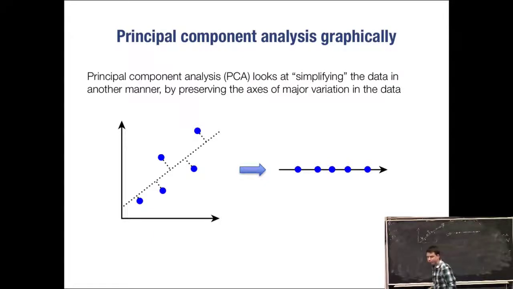Something like that, where now I've compressed my data from being two-dimensional. My hypothesis was that it didn't really matter how the data varied along that other dimension. I'm going to just throw away this axis and talk about this one.